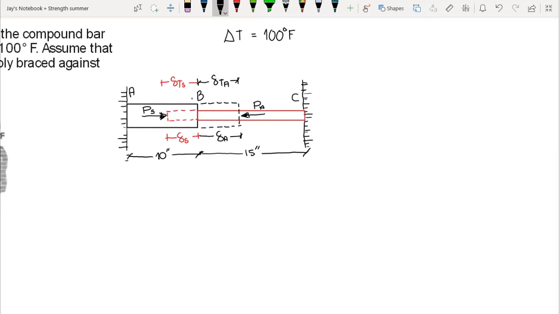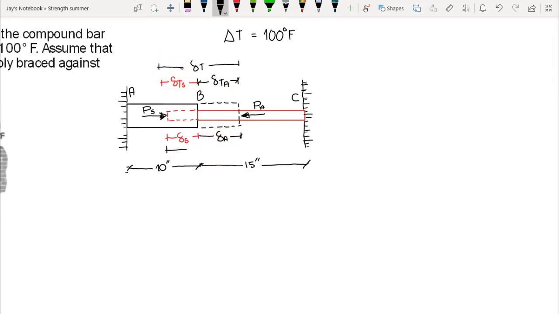Okay, so we can create a relationship of the steel here, the temperature and the actual deformation, by summing up, since we know that this total deformation due to temperature is equal to the deformation due to the actual load P. So we could say that the deformation due to temperature is equal to the deformation due to actual load.